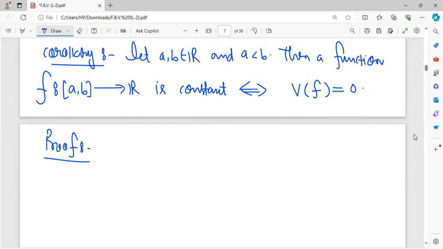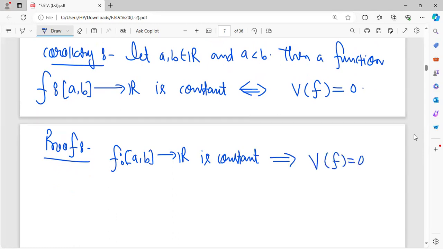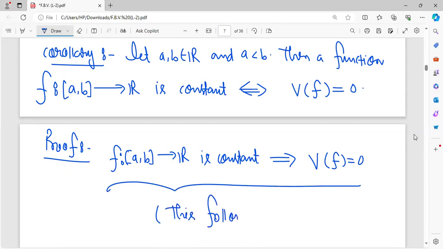First statement is trivial. f from [a, b] to R is constant implies Vf is 0. This follows from example 2.